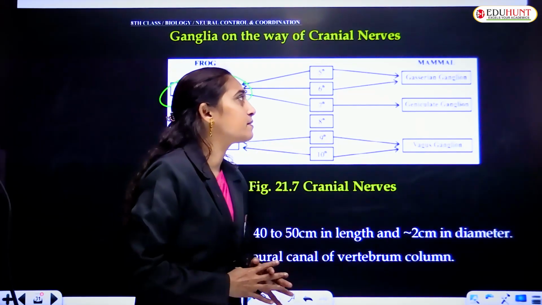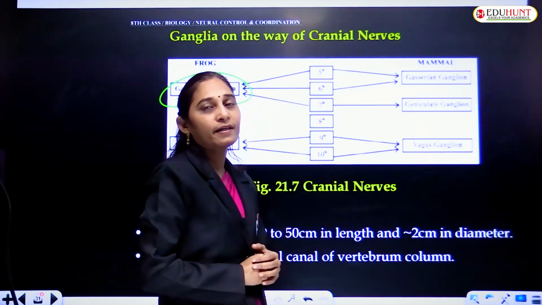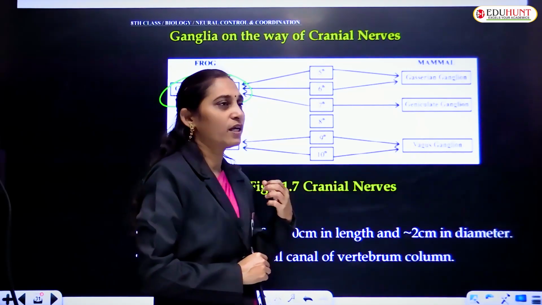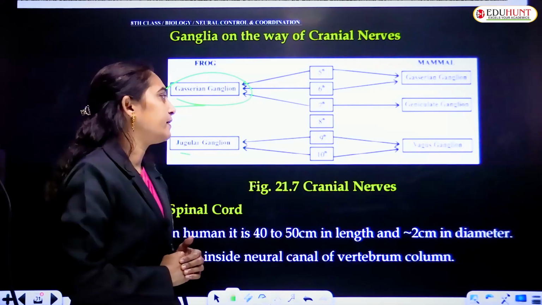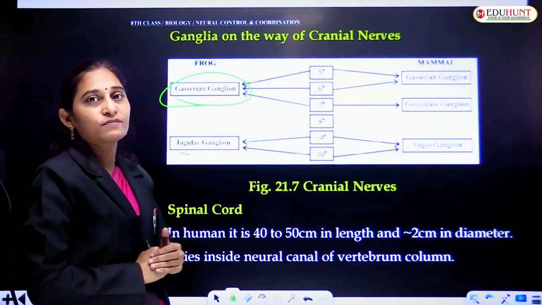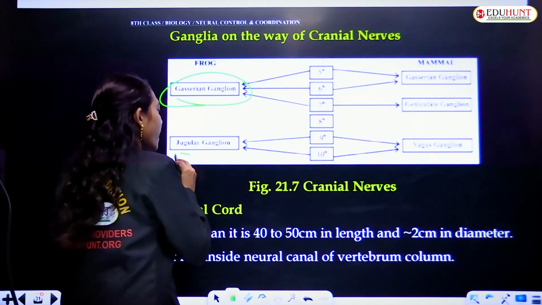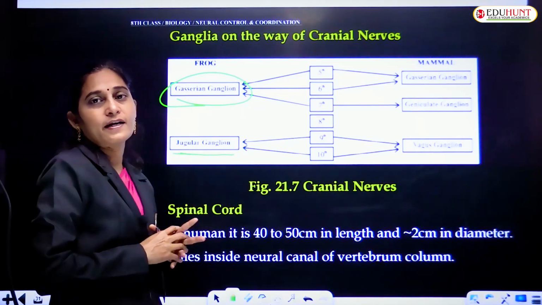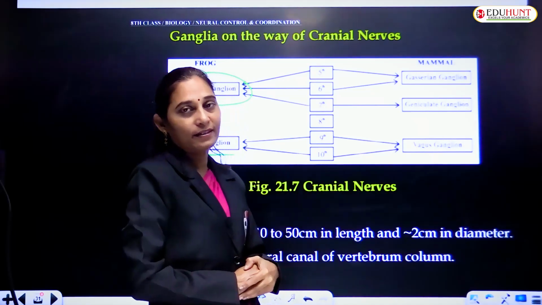But in mammals, the 5th and 6th form the Gasserian ganglion, the 7th individually has the geniculate ganglion, and the 9th and 10th form the vagus ganglion. In frog we call it the jugular ganglion, and in mammal it is called the vagus ganglion.